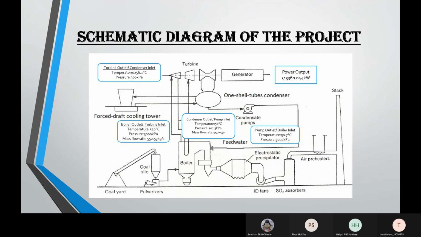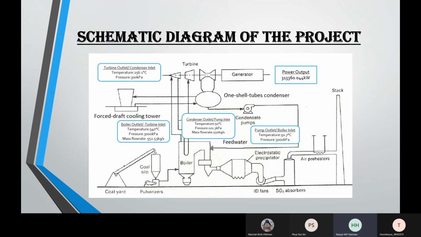This is our schematic diagram of the project. The water is pumped by the condenser pump, and then the pump will flow the feed water into the boiler, and the boiler will heat up the water to become steam, and the steam will flow into the turbine.